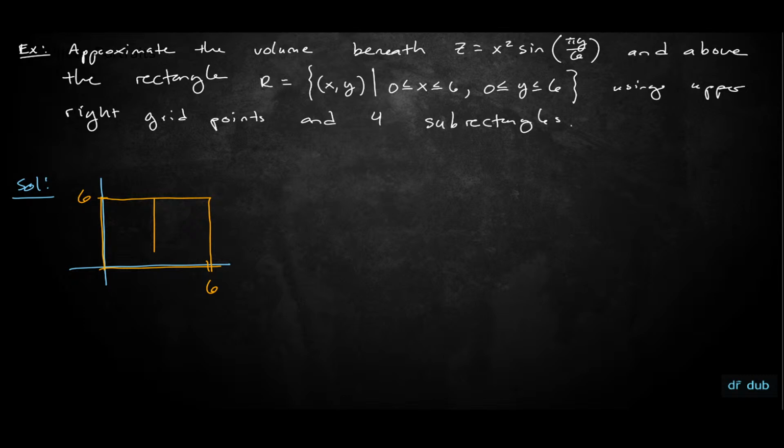And then it tells me to use upper right grid points. So for the first rectangle, I'll call it just R1, even though I should call it R00. This is going to be my upper right grid point for R1. So R1, we use the point 3, 3. For R2, we use the point 6, 3.